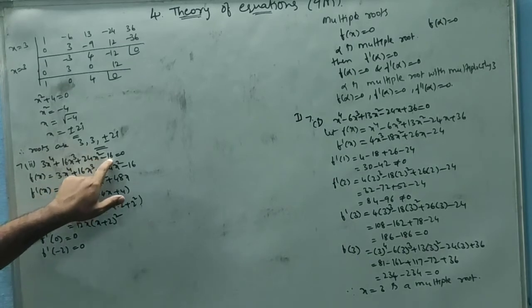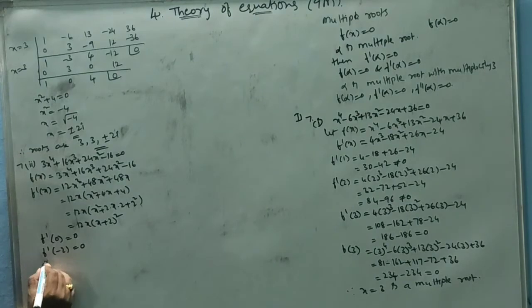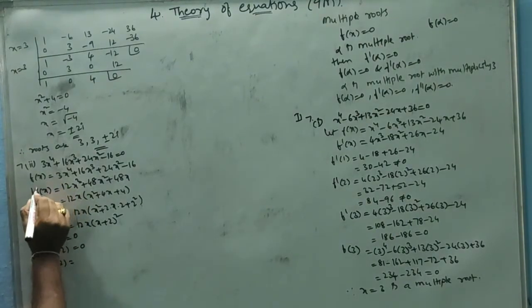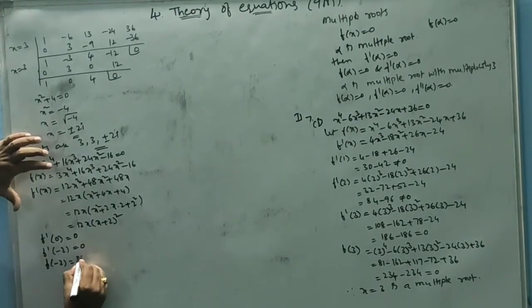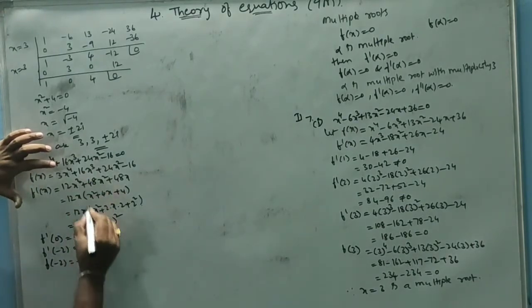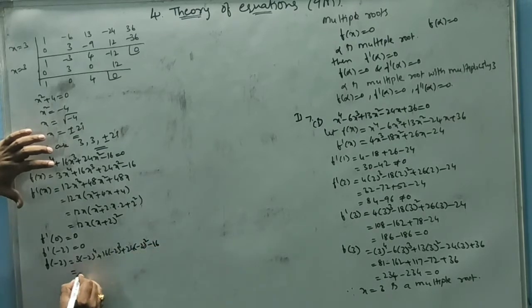But here there is a constant, so 0 is not a factor. So I want to check minus 2. f of minus 2: I want to substitute in the equation, 3 of minus 2 whole power 4 plus 16 of minus 2 whole cube plus 24 of minus 2 whole square minus 16.